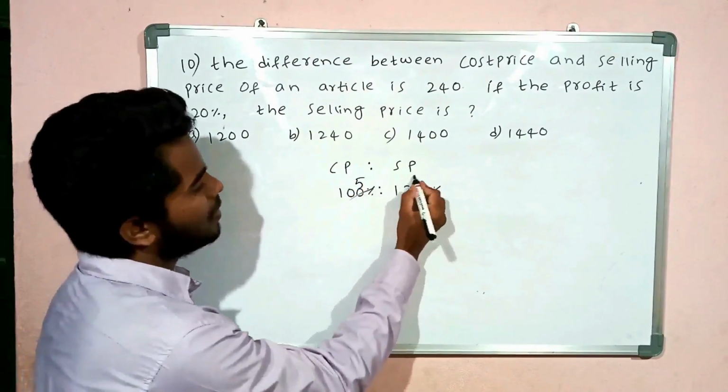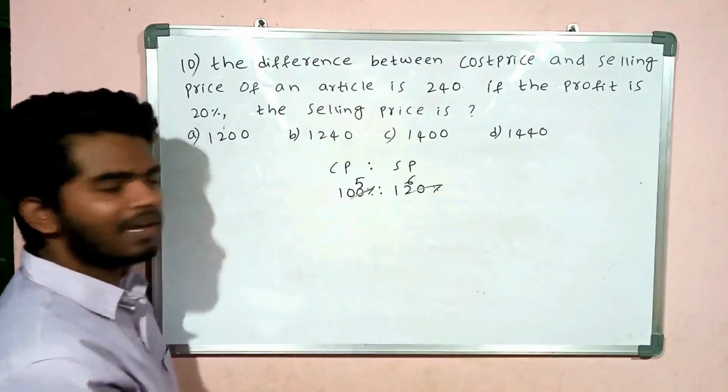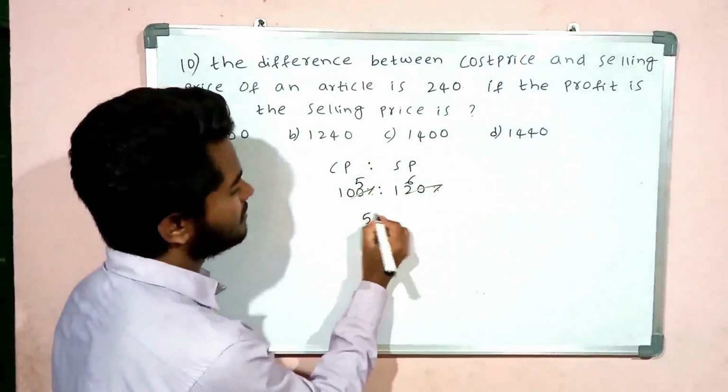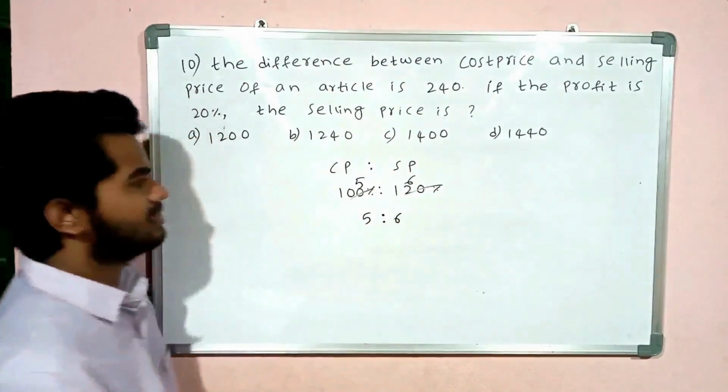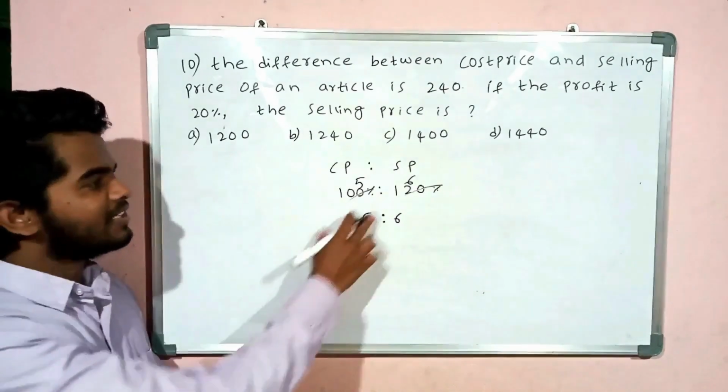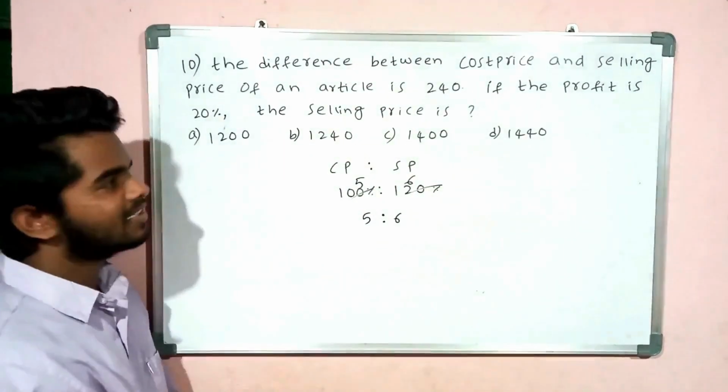So the ratio is 5 to 6. Cost price is 5 ratio and selling price is 6 ratio.